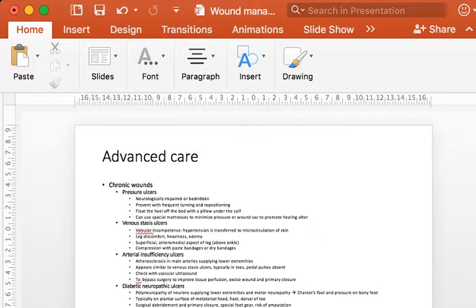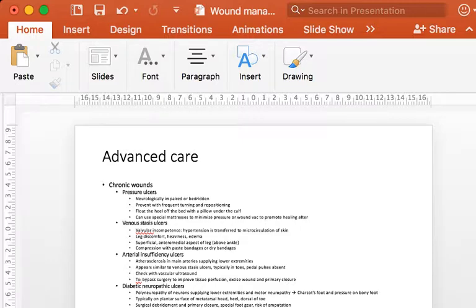In diabetic neuropathic ulcers, there is polyneuropathy of the neurons supplying the lower extremities. There also may be a motor neuropathy, which changes the way the muscles of the foot are able to grow and be used. Often in this situation, you may see Charcot's foot, which is a deformity of the muscular and skeletal structure of the foot.